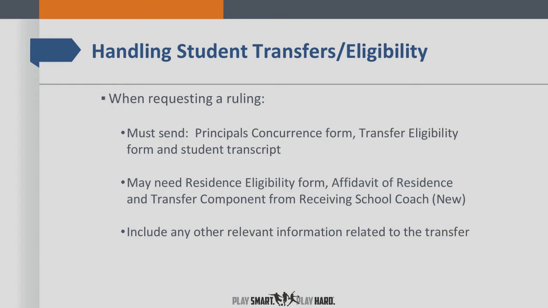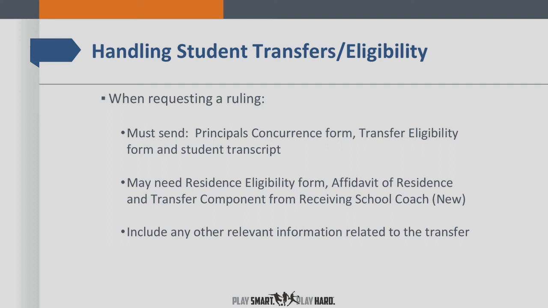So when you've reached that decision that you're going to request an eligibility ruling for a particular student, here are the items that we need in the office to make an eligibility determination. At the very least, we're going to need a copy of the principal's concurrence form, again completed, a copy of the transfer eligibility form, along with the student's most up-to-date transcript.